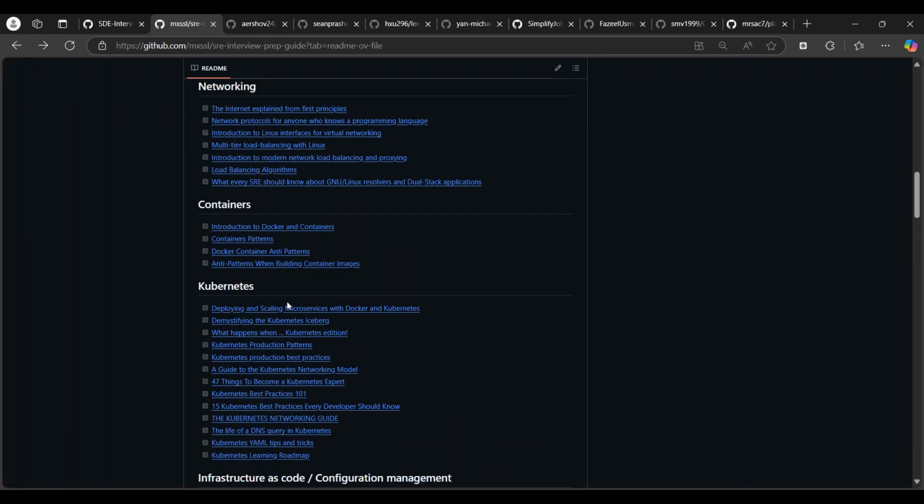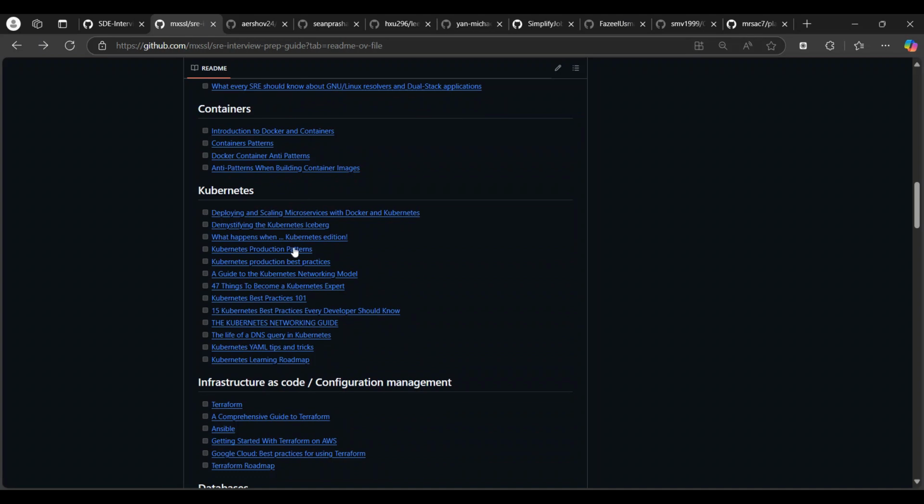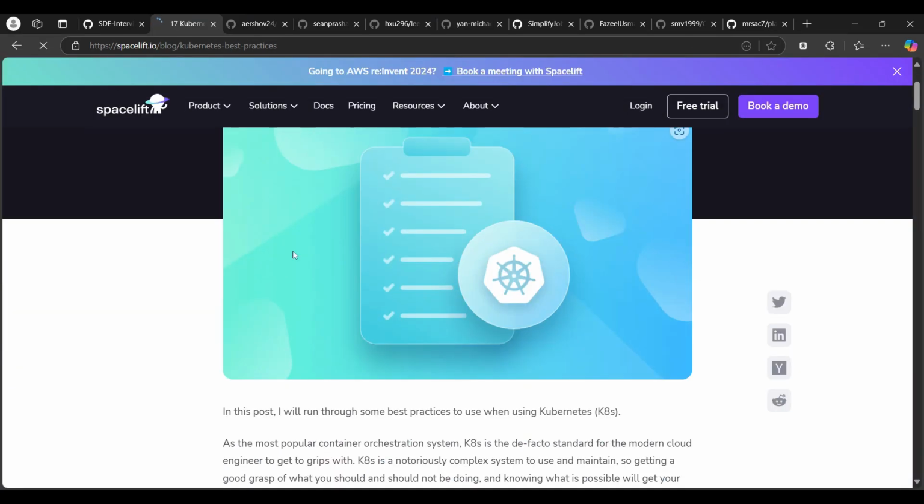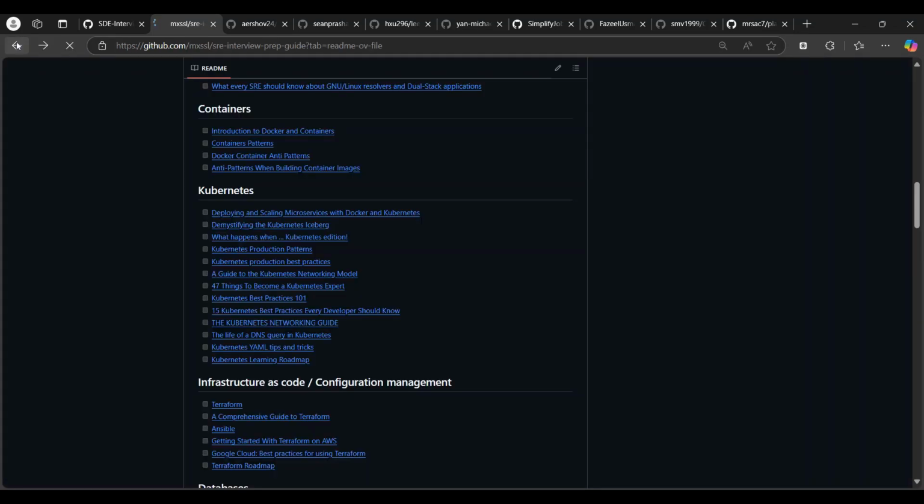Similarly, other things like containers and Kubernetes, you should know if you're prepping for SRE, and you can really learn from the resources they have added. So, 15 Kubernetes best practices you can learn from here. No need to worry about searching for different resources on your own. Just click on the link and the topic, and you can fulfill your knowledge.